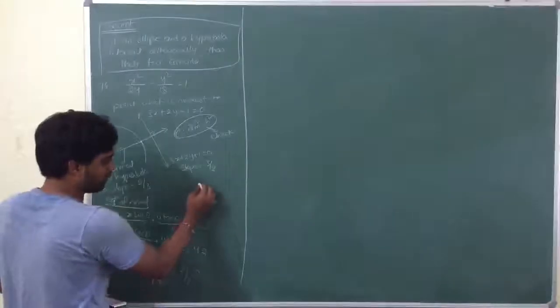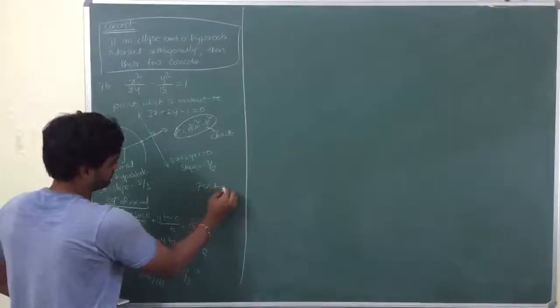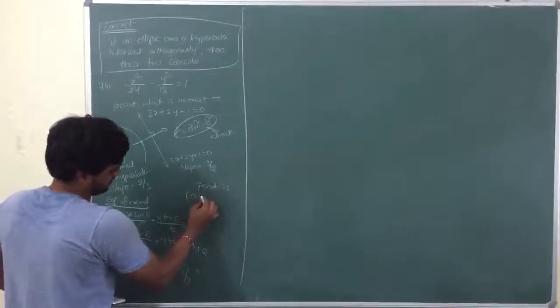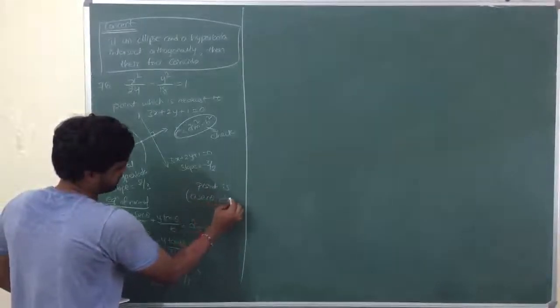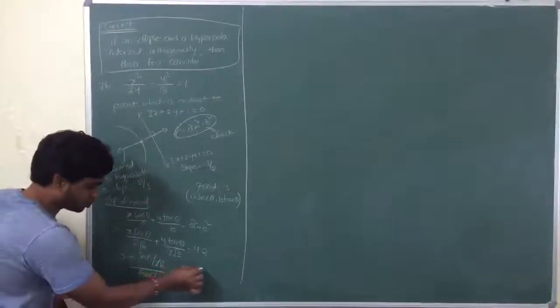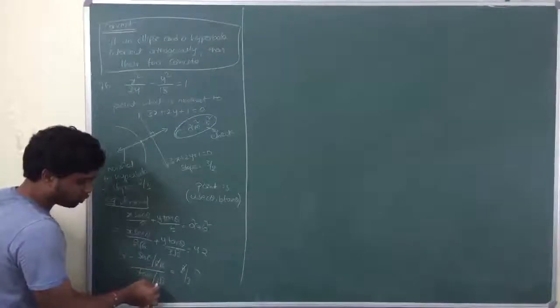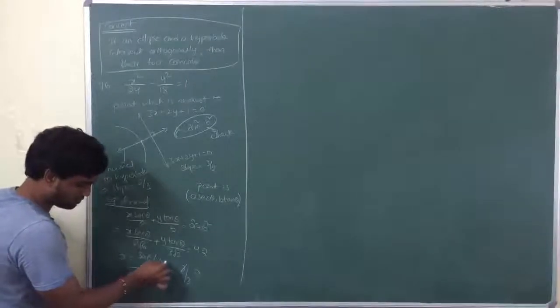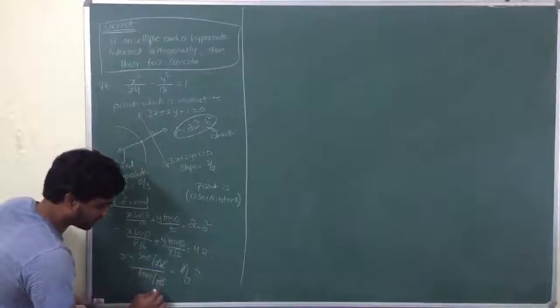After getting theta, point is a secant theta comma b tan theta. Observe this. 2 cancel, root 2 cancel, here root 3 remains.